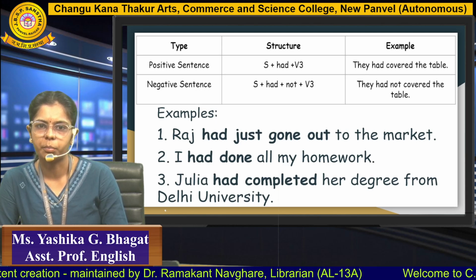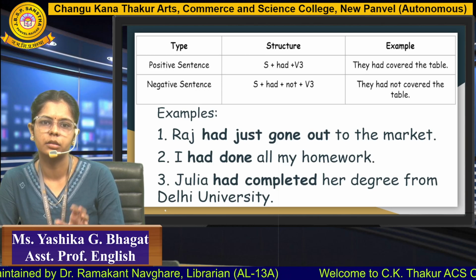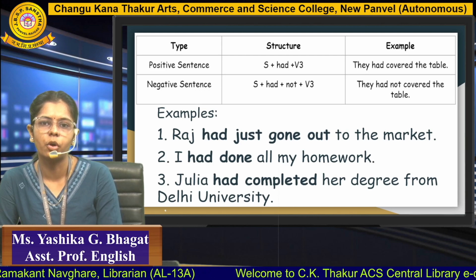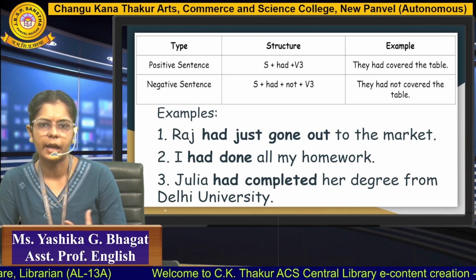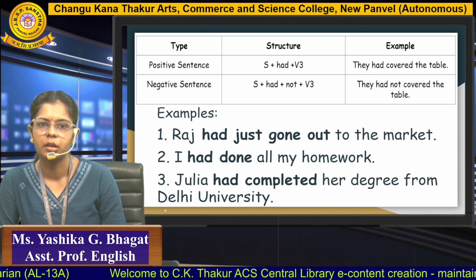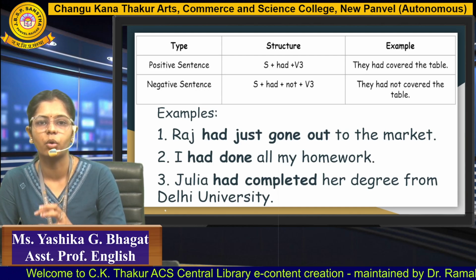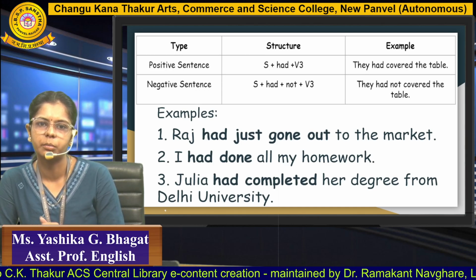The time period is not mentioned, but because of the helping verb had, it is clear that the sentence is in the past tense. Also, the verb V3, gone, tells us that the action is perfect. That means the entire activity has happened in the past, plus the action of going out is already complete. Raj had already left for the market. So, Raj had just gone out to the market.